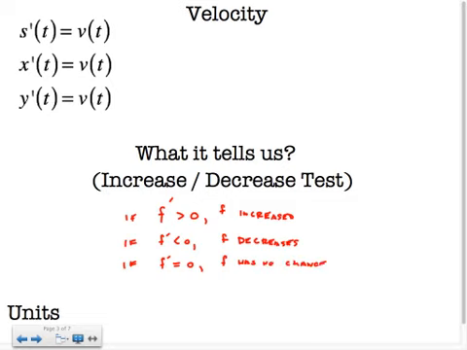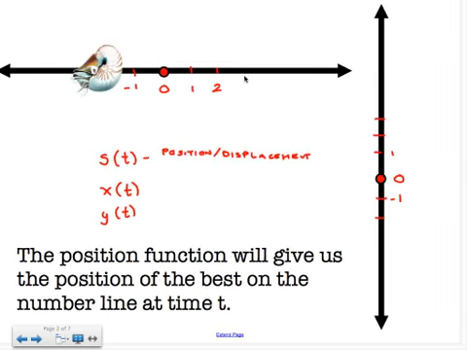So we're going to translate those 3 ideas into the physics world here. What happens if v of t, which is the same as s prime or x prime or y prime, is greater than 0? Well, if v of t is greater than 0, then your displacement or your position function is going to increase. Now, what does it mean to increase in this context? Let's go back to our page with the number lines here.